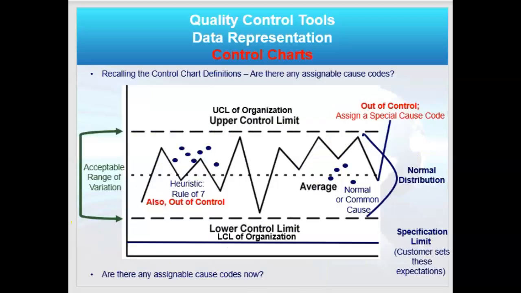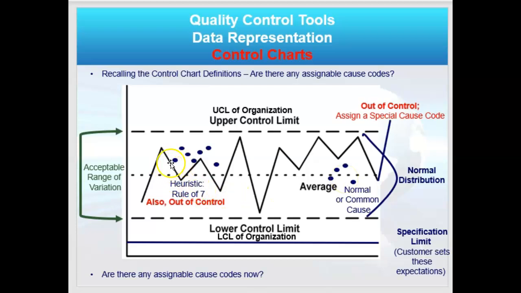Now here's that chart in big picture. So all of these data points are up and down, this natural variation. This is in control. When the data point ends up here, it's now out of control. It's above the upper control limit. And this is called an acceptable range of variation. I'm okay with that data there.